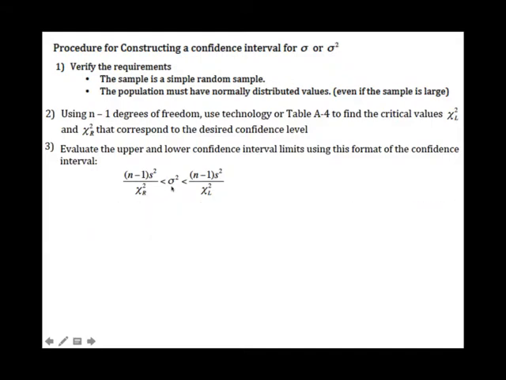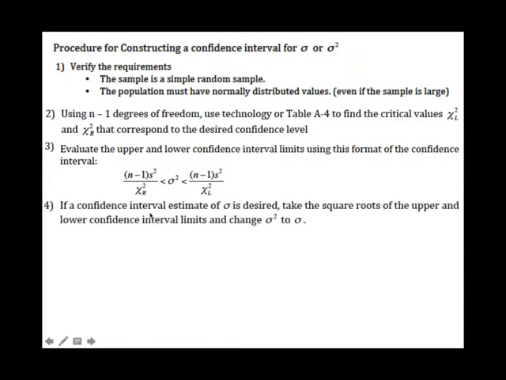It also depends on the question. Do they want a confidence interval for variance or standard deviation? If they need the variance, this formula is good enough. But if they want the standard deviation, after you get this number, you need to take the square root for both sides. And then at the end, you need to know how to draw your conclusion.